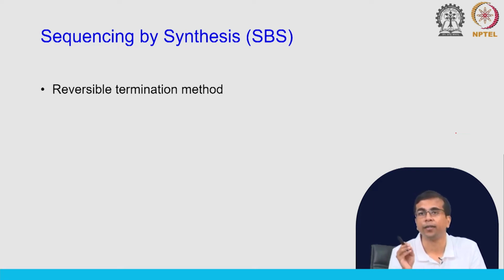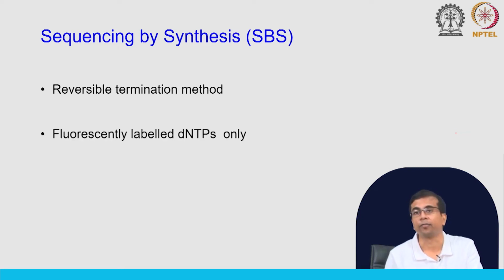The modifications are such that these termination groups can be removed from the dNTPs, and the synthesis can go on. With this in mind, we also have fluorescently labeled dNTPs. You have special dNTPs that contain these terminators as well as fluorescent labels.